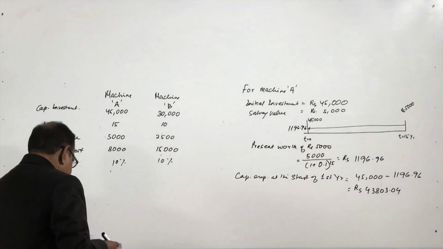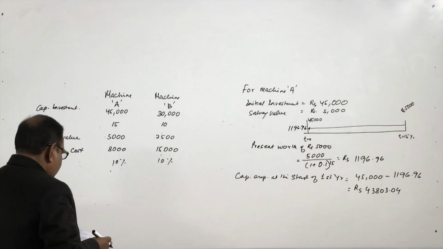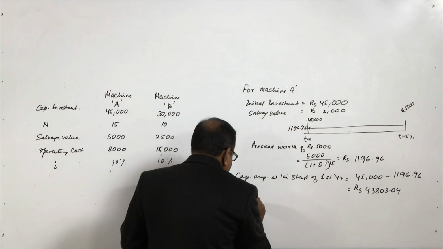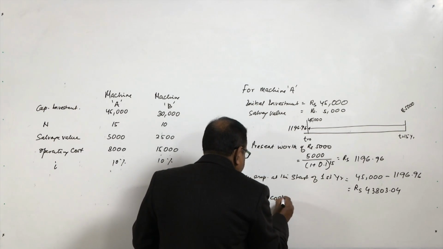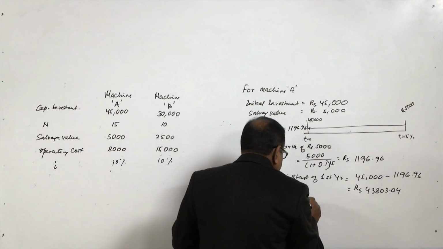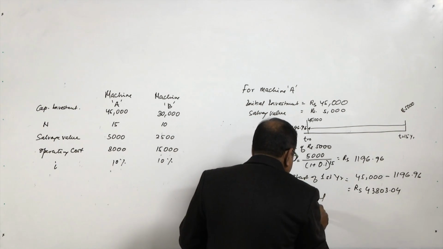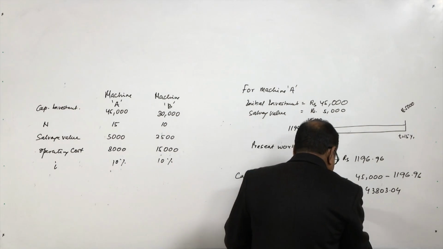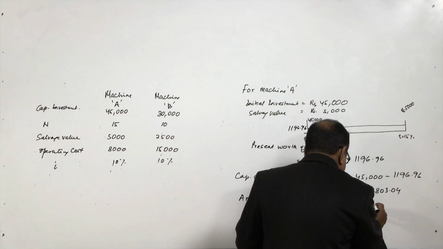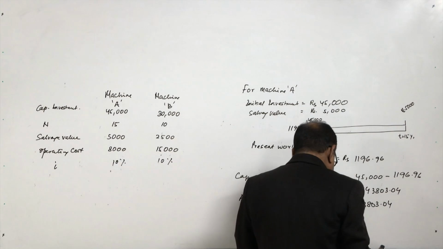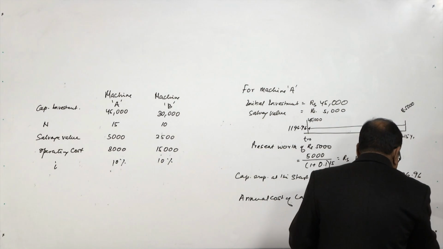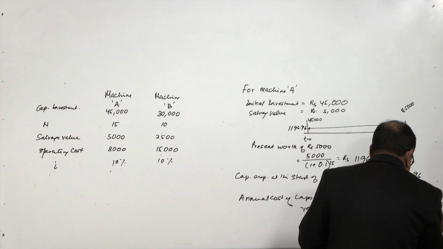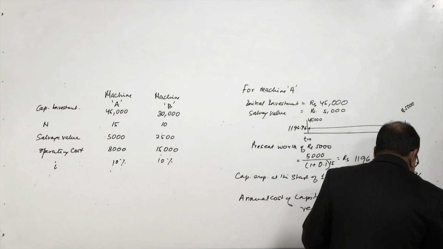Now, I have to find the annual cost of capital recovery. Annual cost of capital recovery is equal to capital investment, rupees 43,803.04, into 0.1 divided by 1 minus 1.1 to the power minus 15.